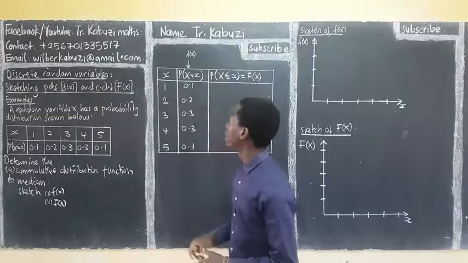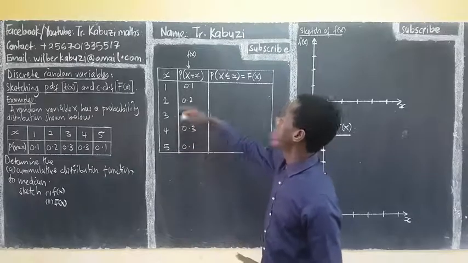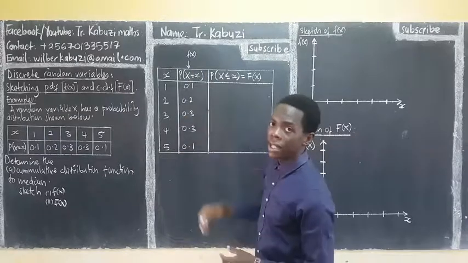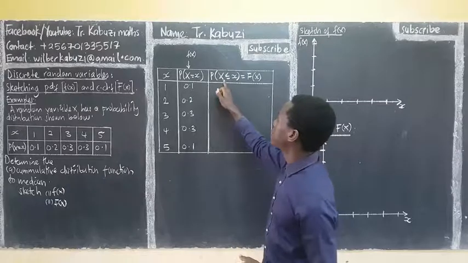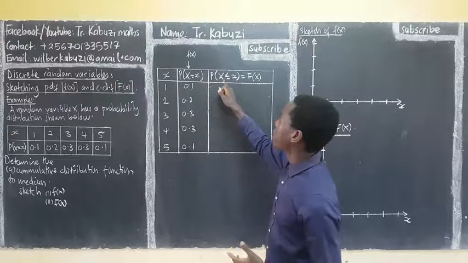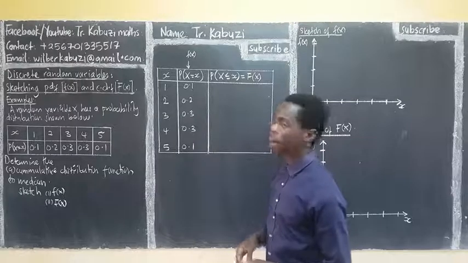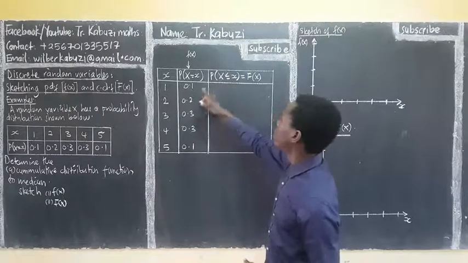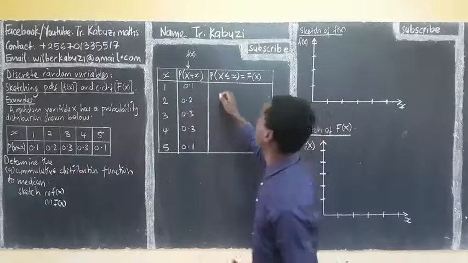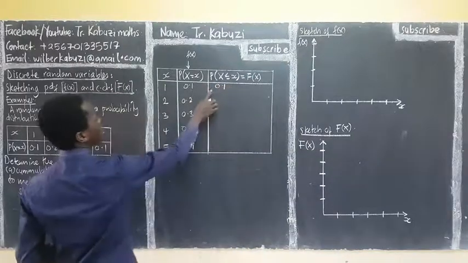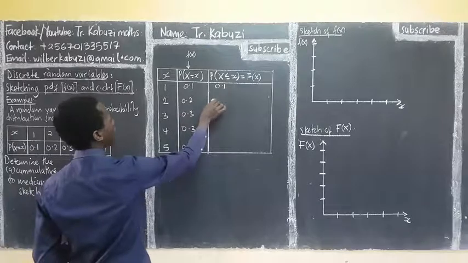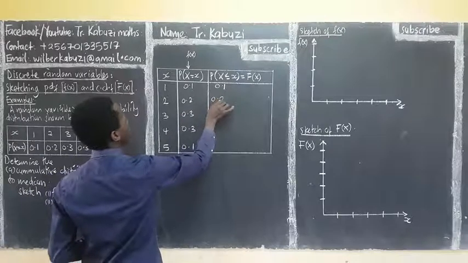What do we do? We draw a simple table like this, where these are f of x and these are the individual probabilities we are talking about. Then to get the capital F of x, I sum these probabilities. So for F of 1, it will always be the first one, 0.1. Now when I add this plus this, I get F of 2.